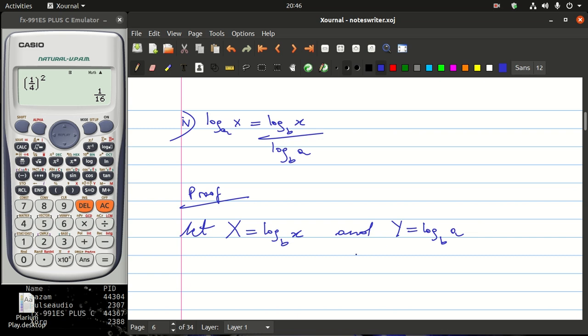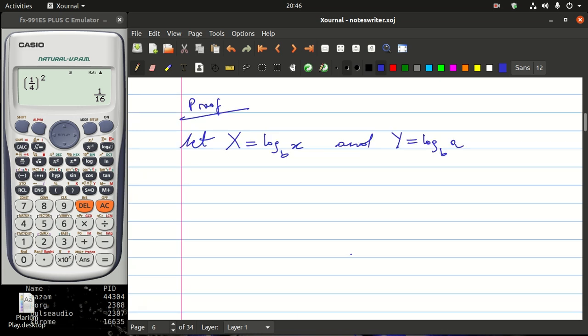Now what we are going to do here, we're gonna use the same thing, saying that if I have a number equal to a base raised to an exponent, this is equivalent to saying that I have an exponent equal to log base and number.